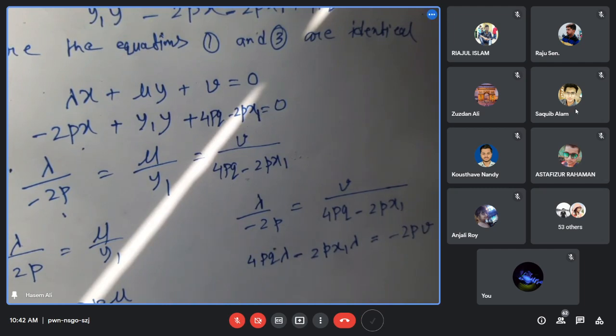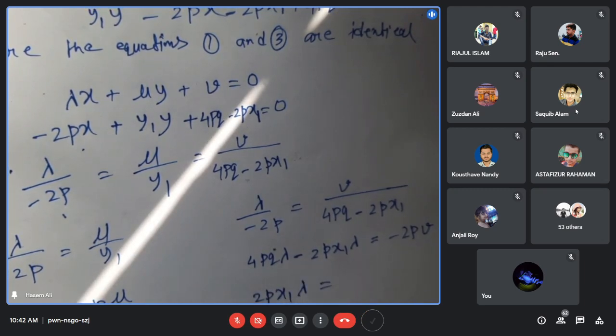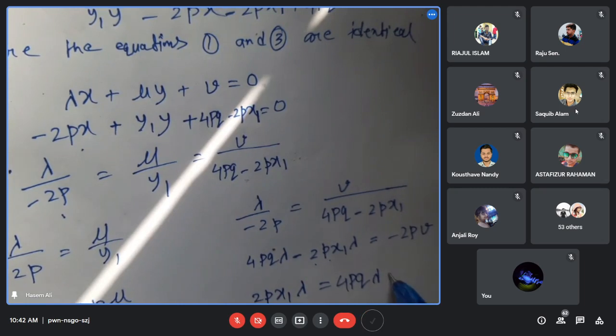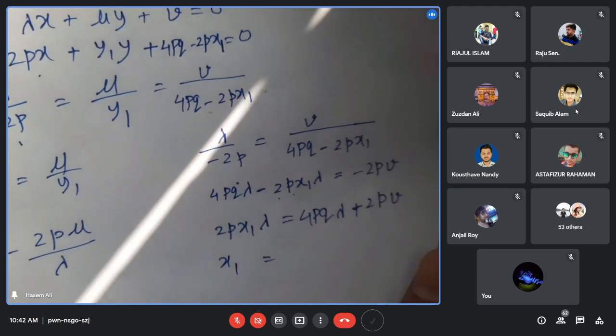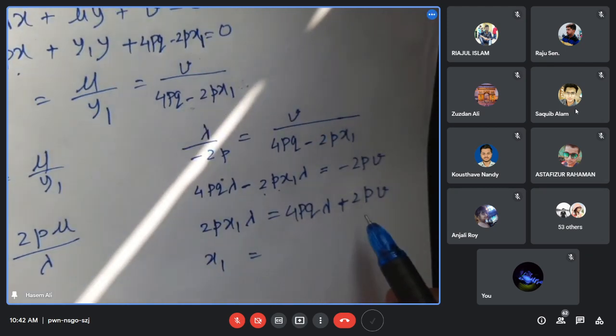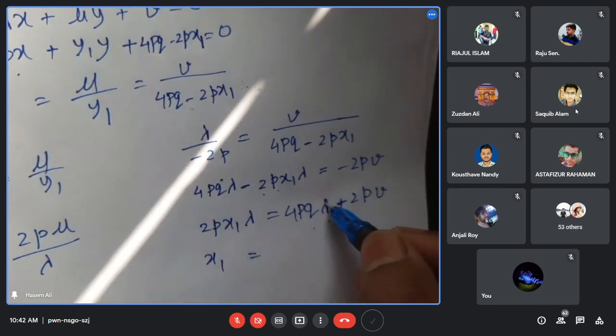Therefore 2p x1 lambda equals to 4pq lambda plus 2pv.